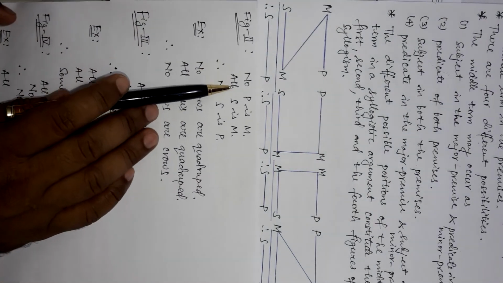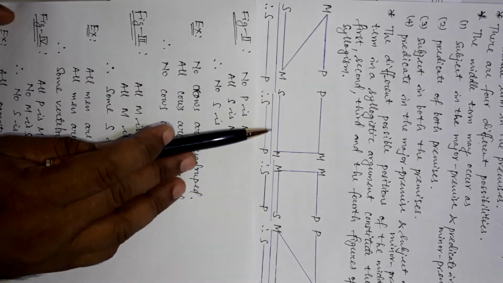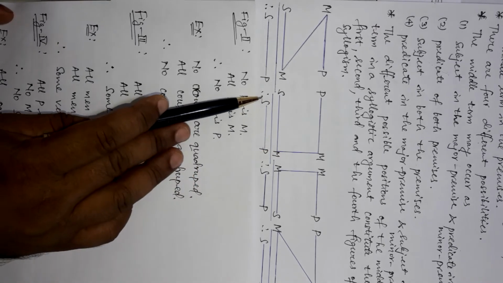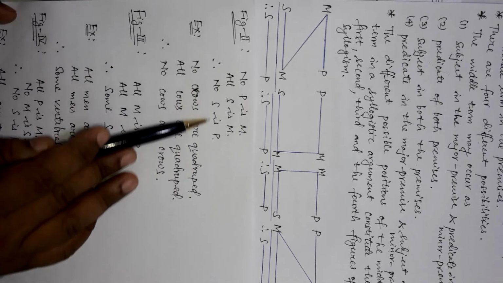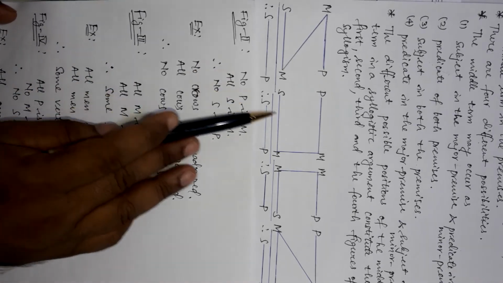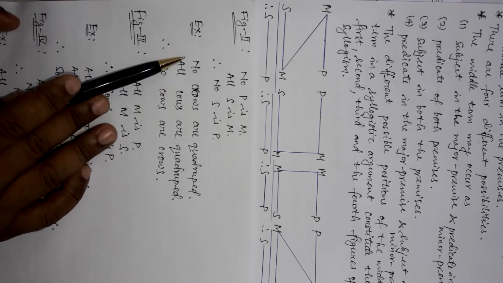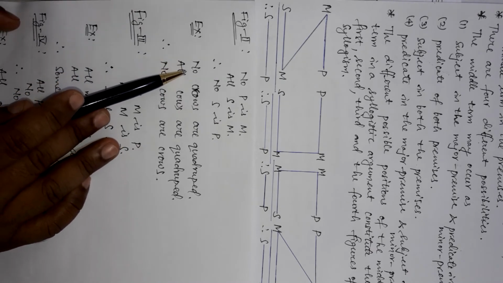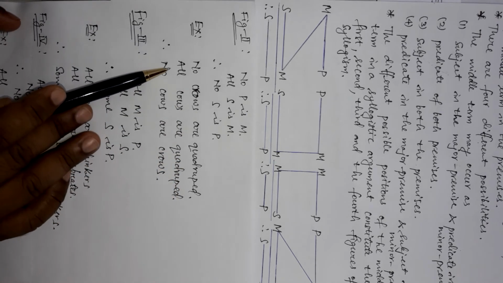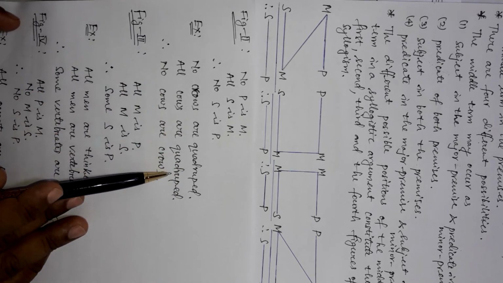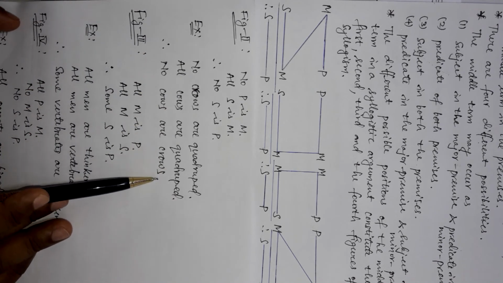Figure 2, the structure says that no P is M, all S is M, therefore no S is P. This is the structure of figure 2 syllogism. One example of this type is: no crows are quadrupeds, all cows are quadrupeds, therefore no cows are crows.